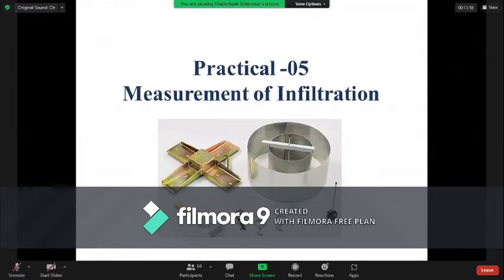And we discussed how these factors affect the infiltration rate. So in today's practical session, we will discuss how to measure the infiltration.